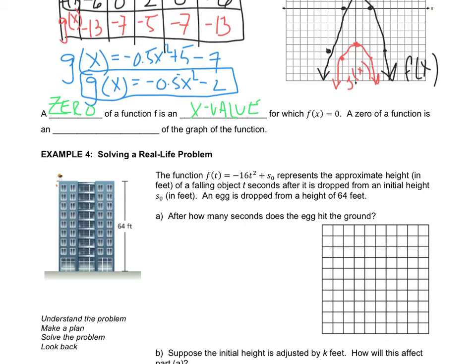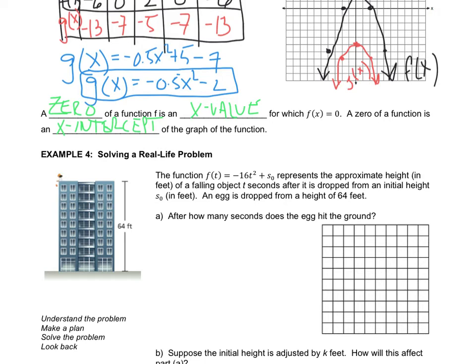So basically it is the x when y equals 0. So the zero of a function is an x-intercept. So when you think about it, the coordinates of an x-intercept are x comma 0. So the x value when the y is a 0 is called a zero of the function.